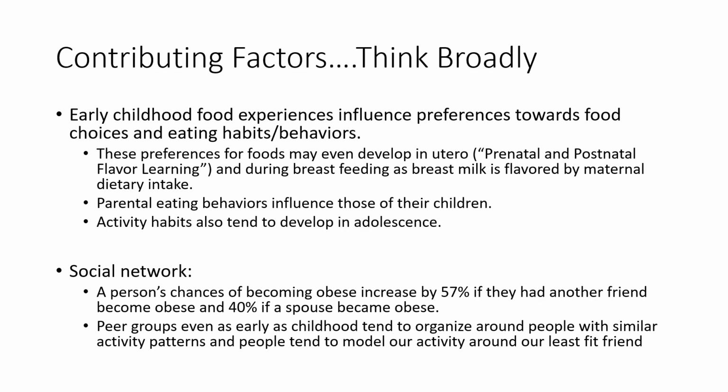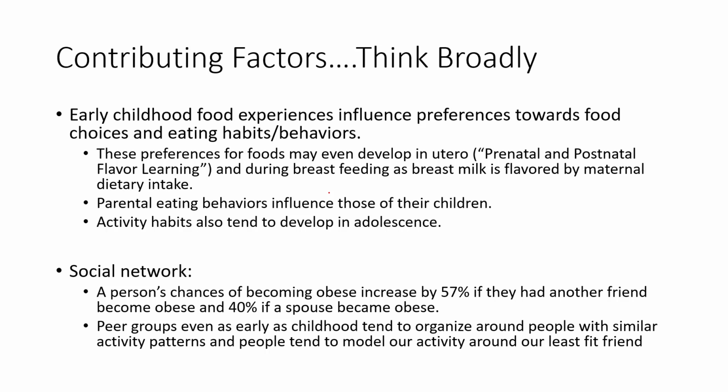Again, think broadly. Your preferences for food and your eating habits and behaviors are developed in early childhood. If you've only really ever been exposed to unhealthy foods as a kid, that's going to be what you prefer to eat. You develop your preferences for food based on what you eat repeatedly at home. We're actually finding that your preferences for food may develop during breastfeeding because the mother's intake influences the flavor of the breast milk.